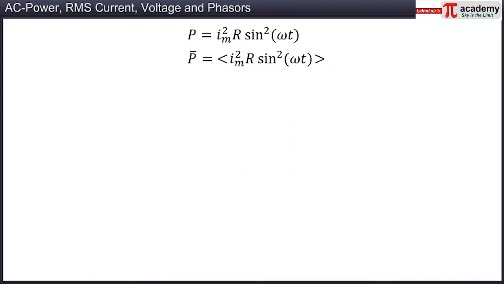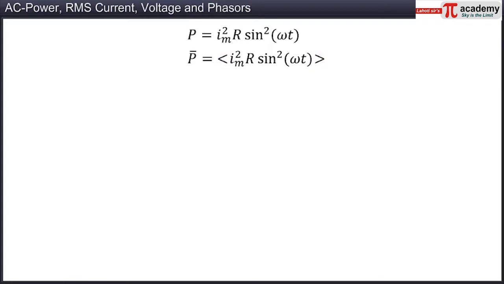If we average the value of the instantaneous value of power over an entire cycle, we can write the expression as shown. Here, the quantity P bar denotes the average value of power. Conventionally, an average of values is shown with the bar over the quantity symbol. The angular brackets denote the average of the quantity inside the brackets.